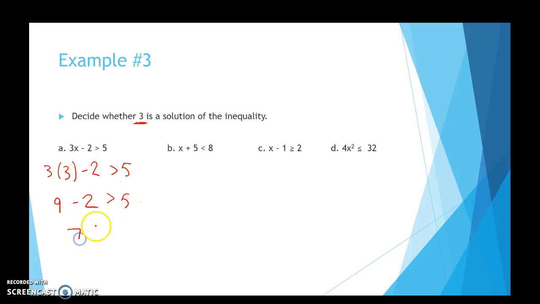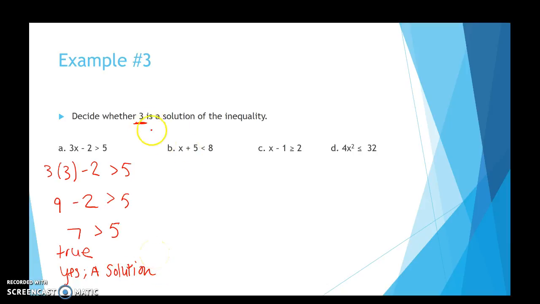That is greater than 5. So this is a true situation. A lot of times you will see the answer written as yes. This is a solution. Yes, a solution.